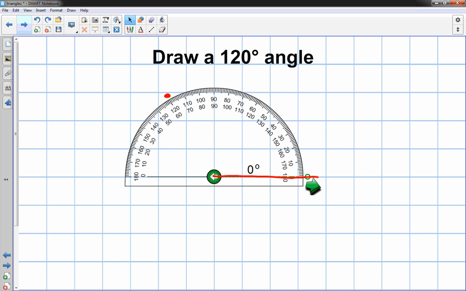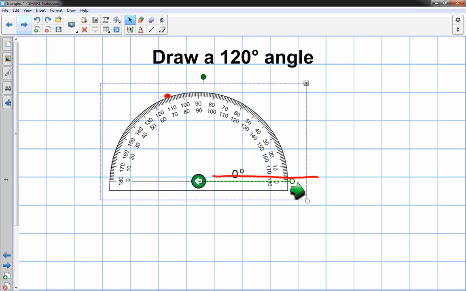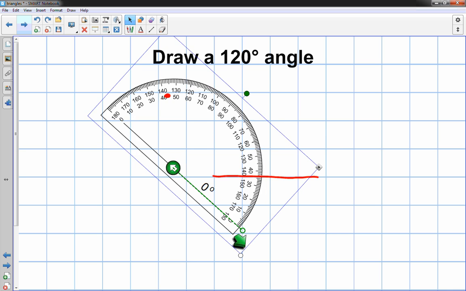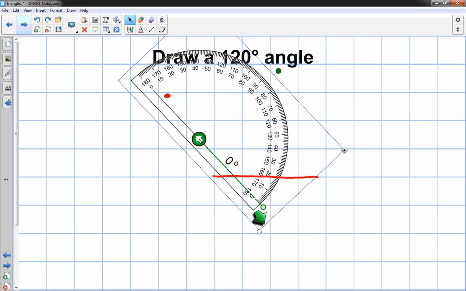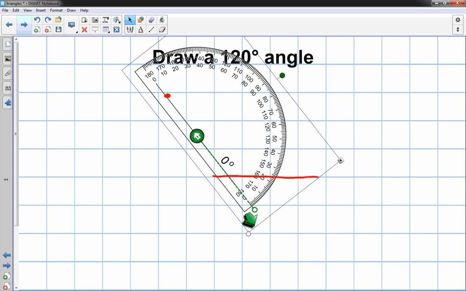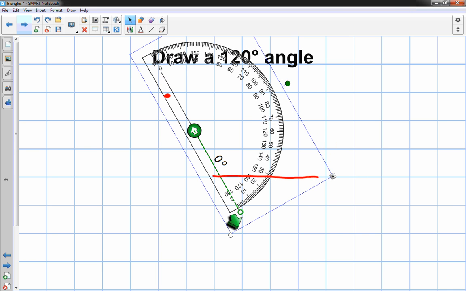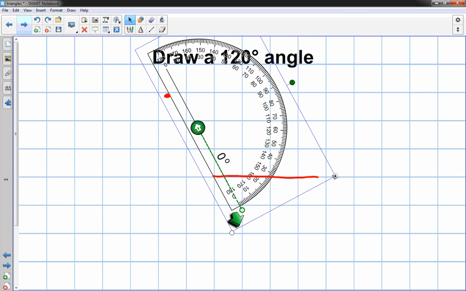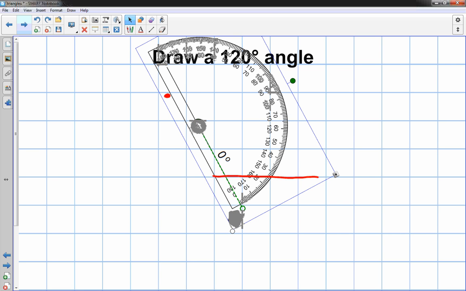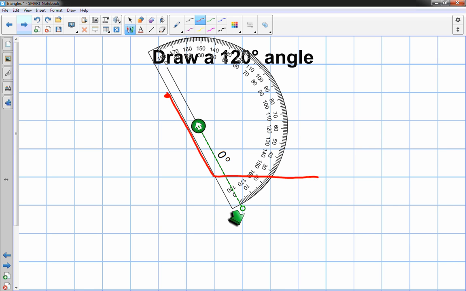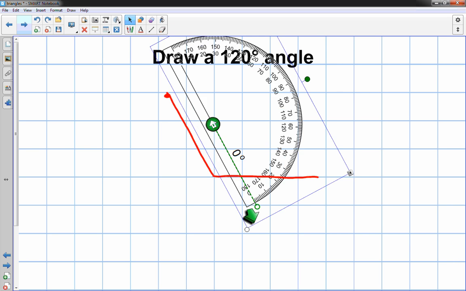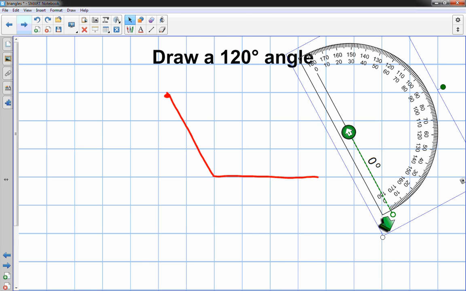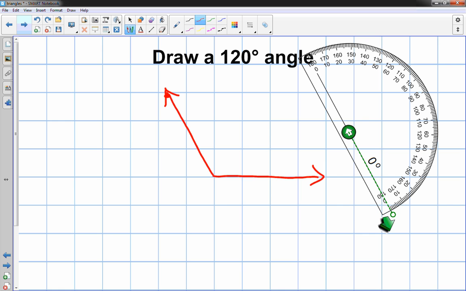I'm going to rotate my protractor so I can get that nice straight edge to use to draw my line. Let's see, might be right. Line it up. It's a lot trickier with all this virtual stuff instead of the real thing. Run my pencil along there. Move my protractor out of the way for a minute. Always put arrows on the ends. This is obtuse. It's greater than 90.